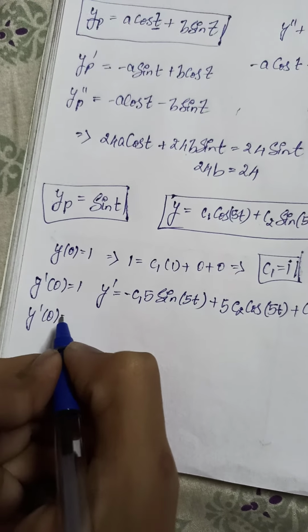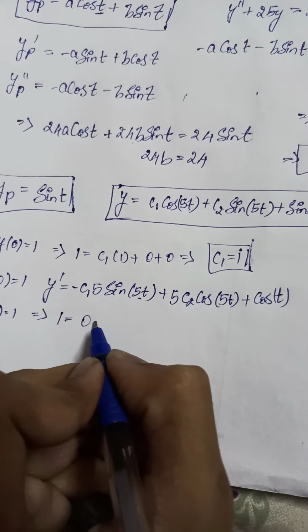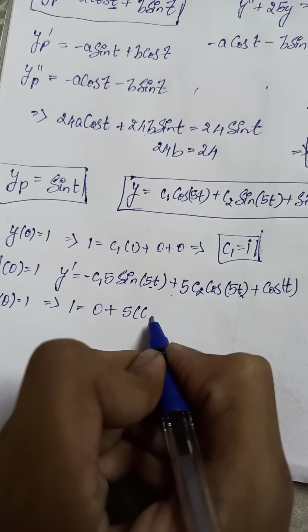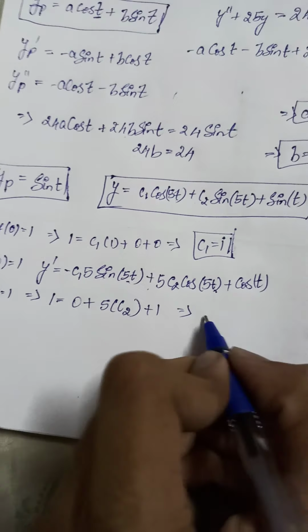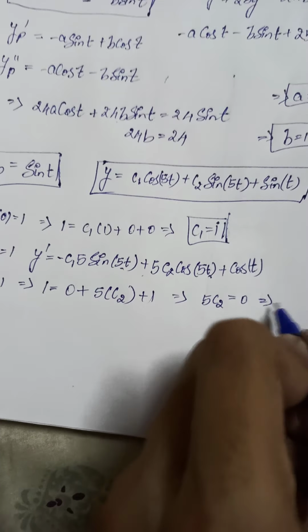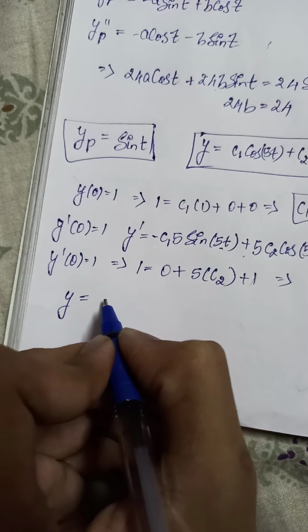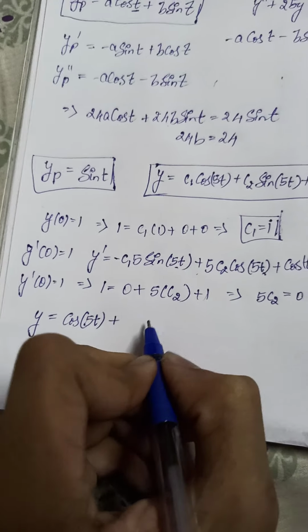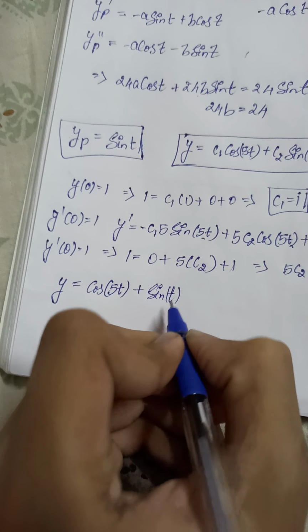Now y dash of 0 equal to 1, which implies 1 equal to sin 0, 0, plus cos 0, 1, which implies 5 c2 equal to 1 and 1 get cancelled, 0, which implies c2 equal to 0, and hence the final solution y equal to c1 is 1, so we get cos 5t plus c2 is 0, nothing, and then the sin t, which is a particular solution.